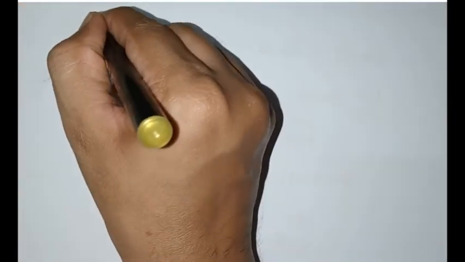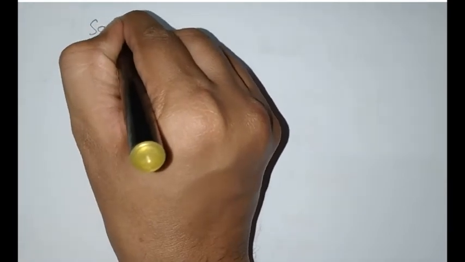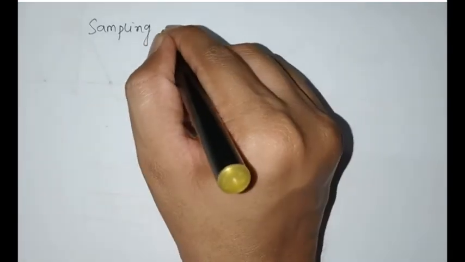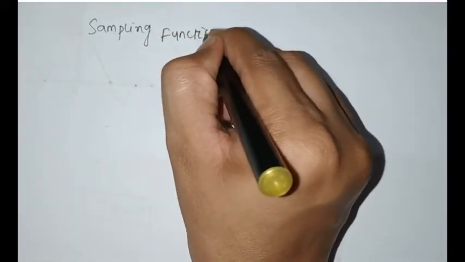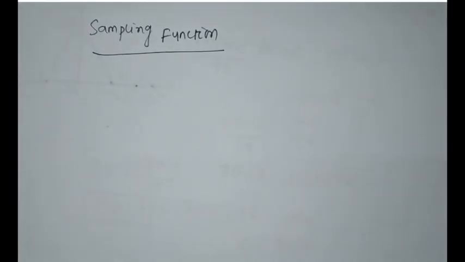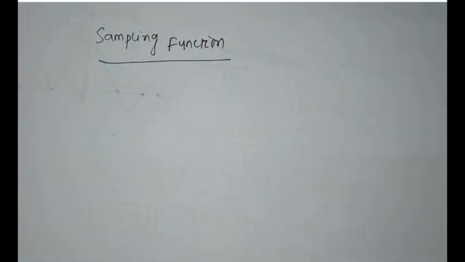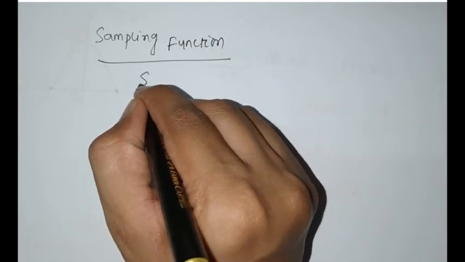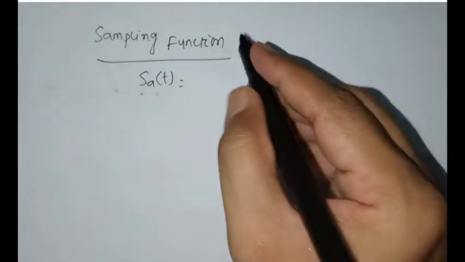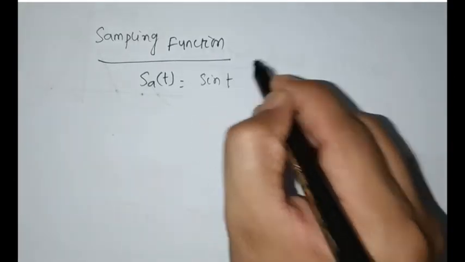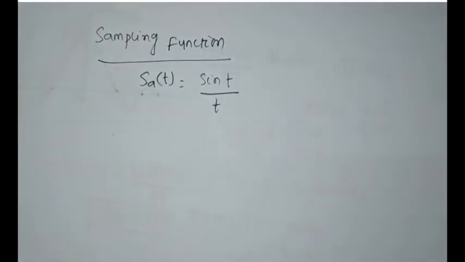Clear? Now in the same way we can define the sampling function. How can we define the sampling function? The sampling function is defined as S of t equals sin t by t.